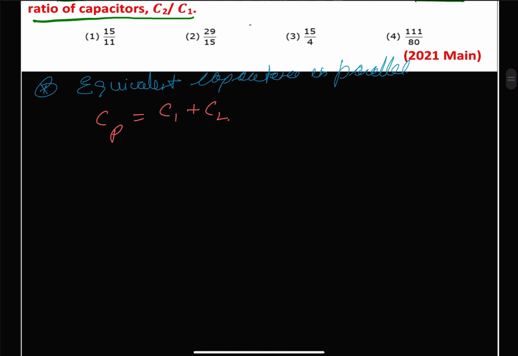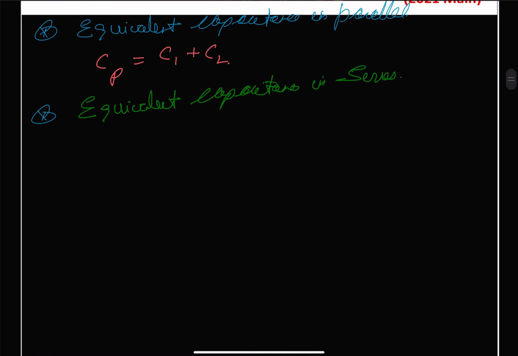Then they are connected in series. So the equivalent capacitance in series, Cs, will be equal to C1 times C2 divided by C1 plus C2.